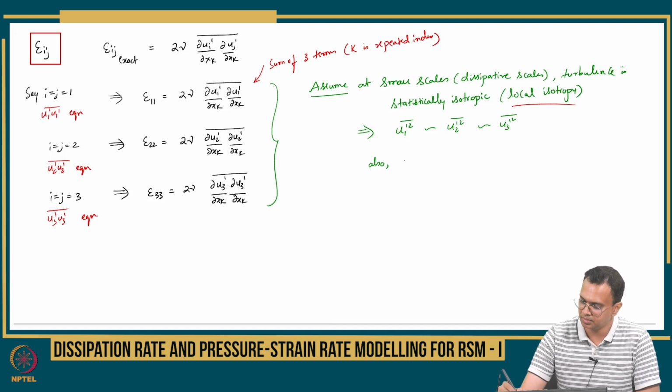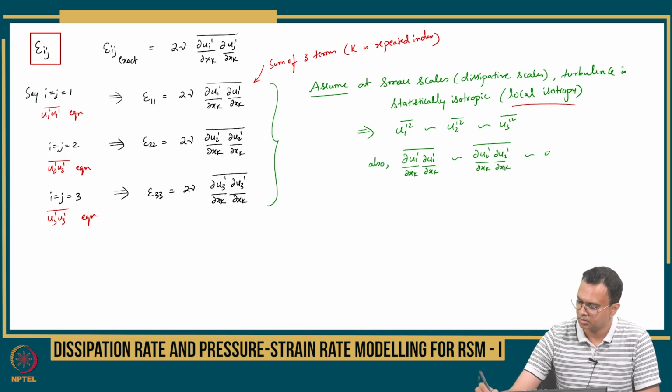So dou u1 prime by dou xk, dou u1 prime by dou xk average is equal to dou u2 prime by dou xk, dou u2 prime by dou xk, and dou u3 prime by dou xk.